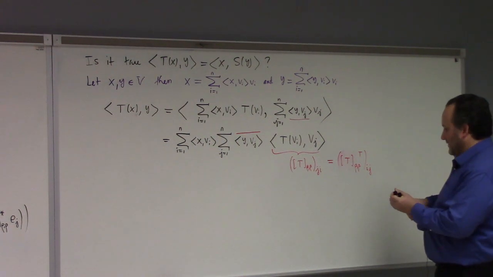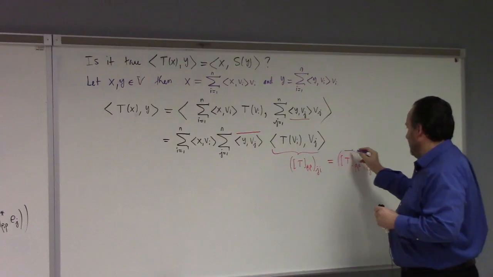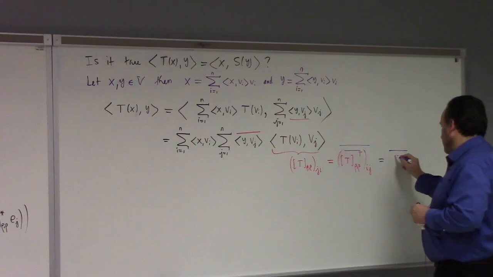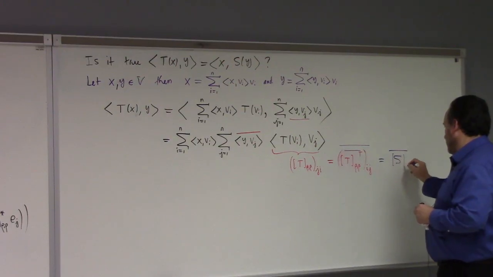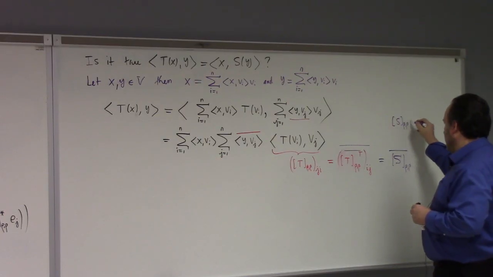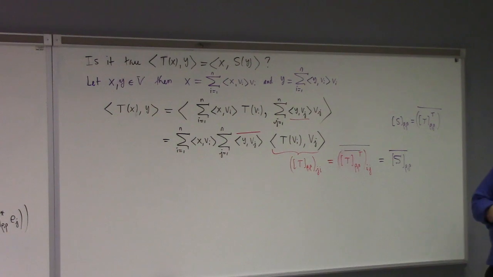Which, if you want to throw in the conjugate in here, and a conjugate outside, this is the conjugate of the matrix of S, beta beta, because of course the matrix of S, beta beta by our construction is the matrix of T beta beta transpose conjugated, right? And by the way, it doesn't matter whether you conjugate transpose or transpose conjugate, like that commutes. So if I ever switch them up, it won't hurt us.